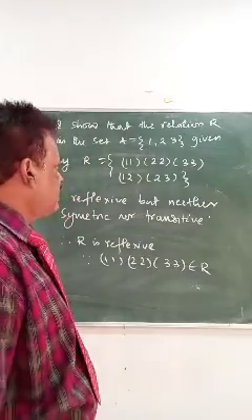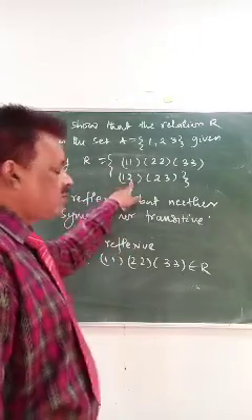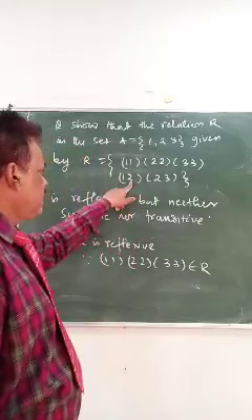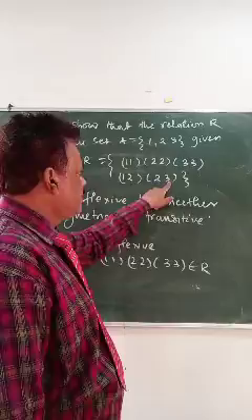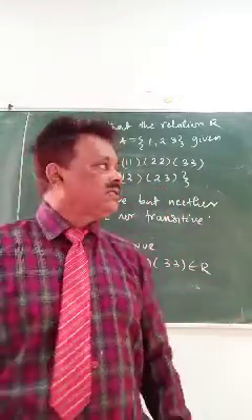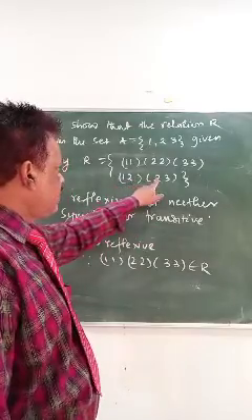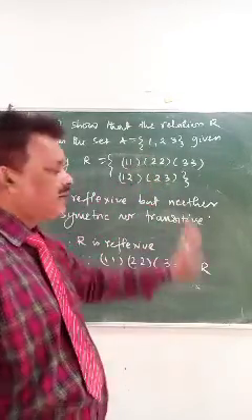Okay, why not symmetric? Now look here, (1,2) belongs to R, its reverse pair will be (2,1), which doesn't belong to this. At least one is not satisfied, means the relation is not satisfied. Similarly, if you take (2,3), its reverse is (3,2), you are not finding.